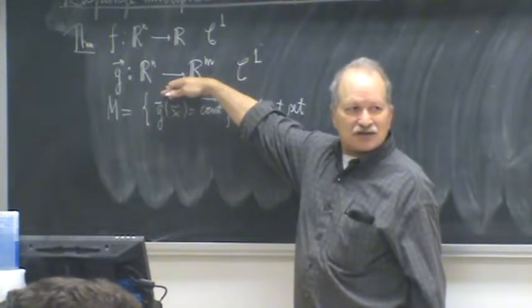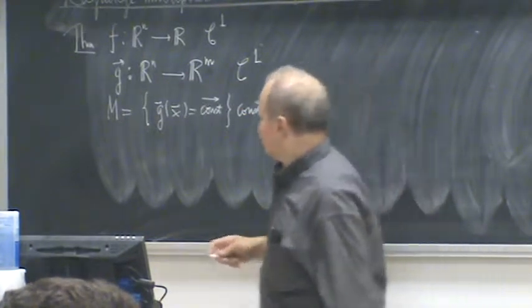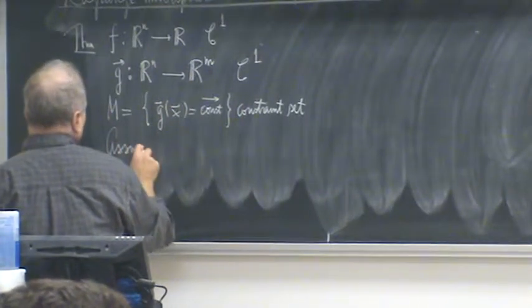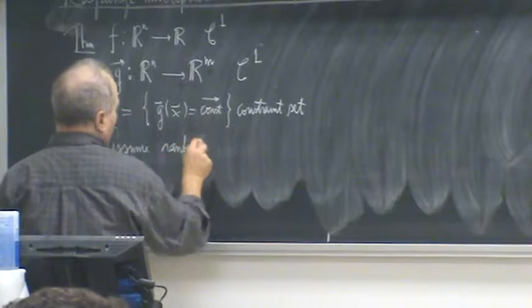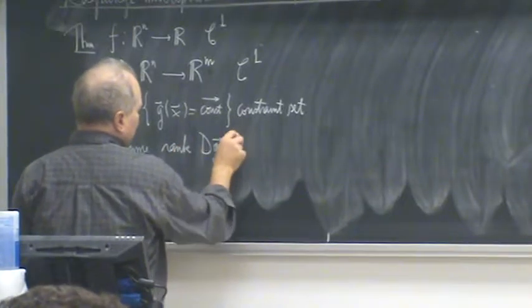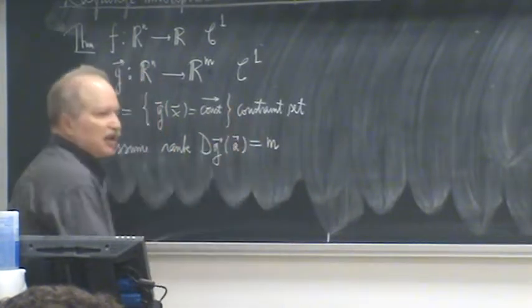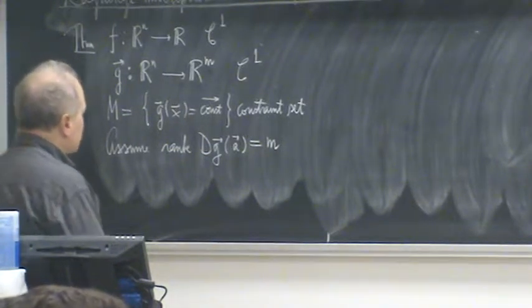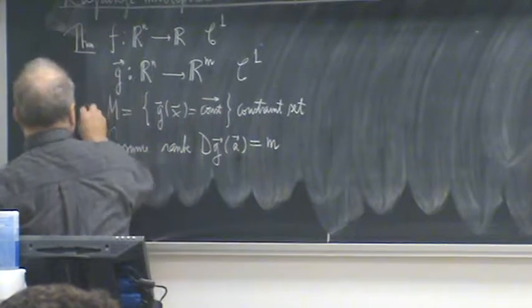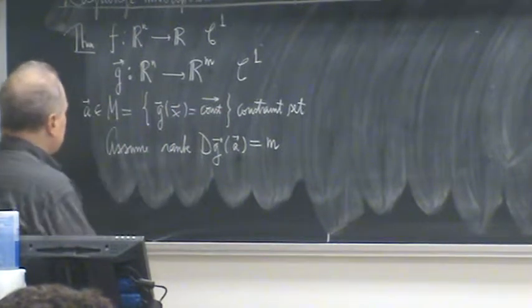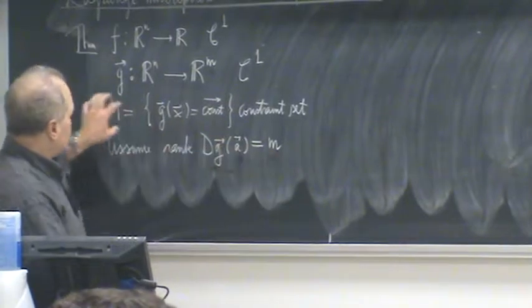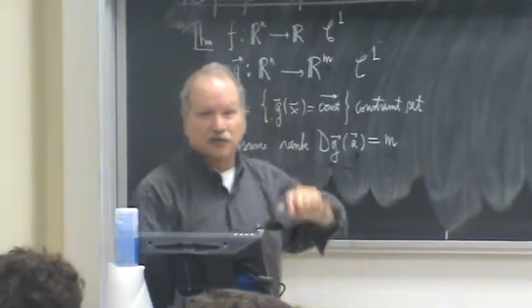Yeah, it has to do with the rank of the derivative being equal to the number of equations. Okay, so suppose the rank at some point A in your constraint set M is m. Then that means near A anyway, M is going to be a nice manifold.